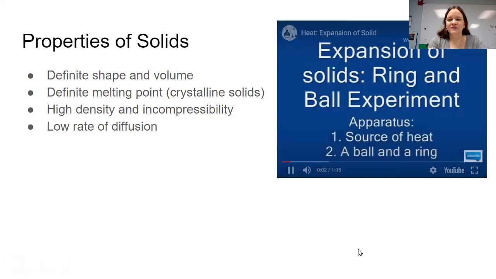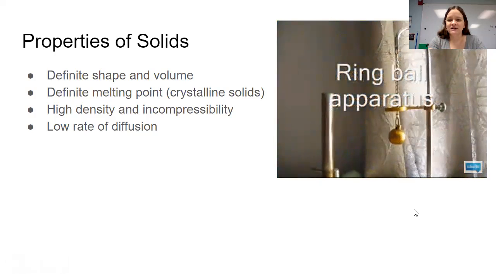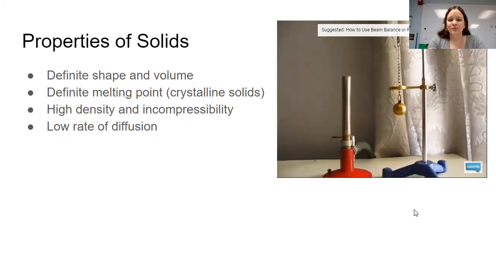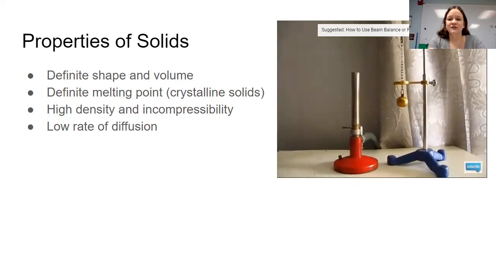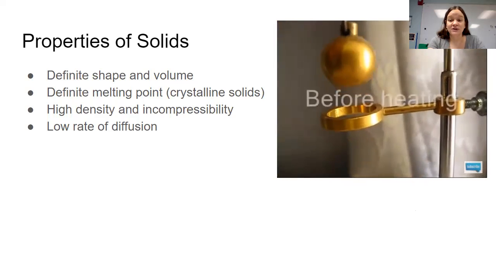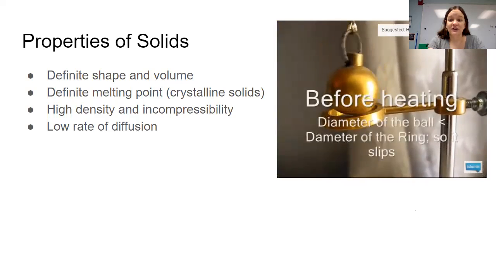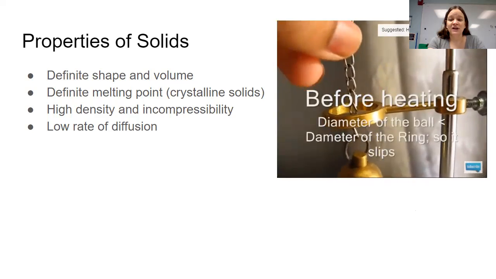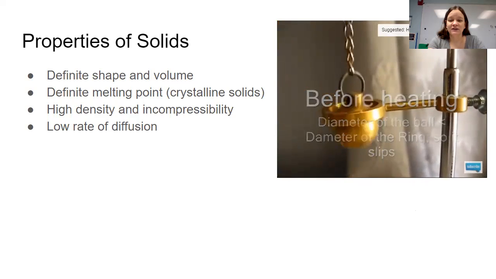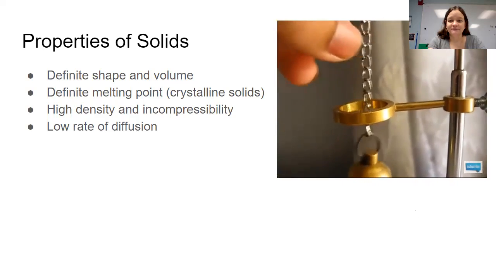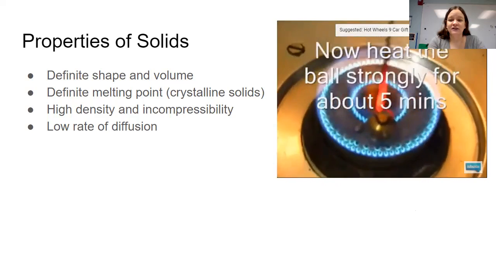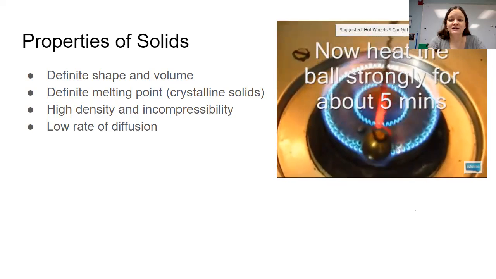So this is called the ring and ball experiment. The ball fits through a little apparatus here when it's at room temperature, so before we heat it. But then once you heat up the ball, which we'll get to in a second, they just stick it in the flame for about 5 minutes.